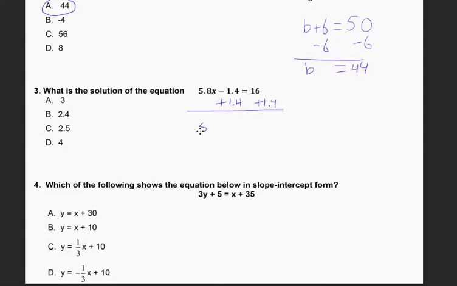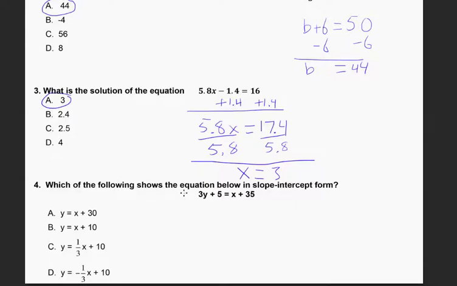This gives me 5.8x on the left side and 17.4 on the right side. Now I can divide both sides by 5.8. 5.8x divided by 5.8 is x, and 17.4 divided by 5.8 is 3. So our answer is A.